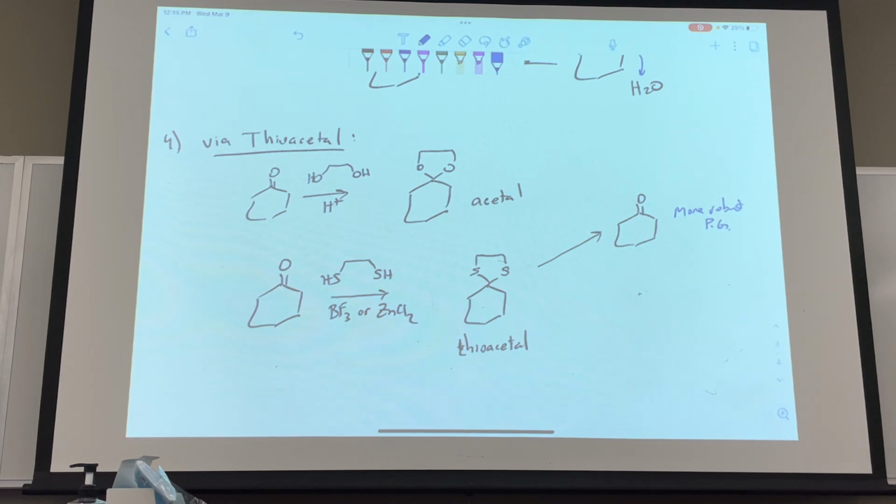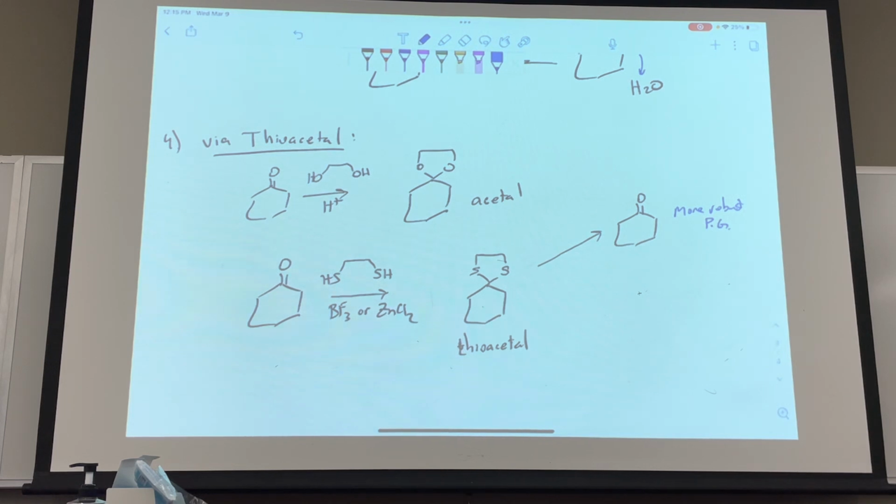What I mean by that is, first off, think about how you deprotect an acetal. You remember how we talked about doing that? Once you put an acetal on, you want to take it off. How do you take it off? Yeah, water and dilute acid. But think about how often you're adding acid and water to your reactions or your workup. It's pretty common.